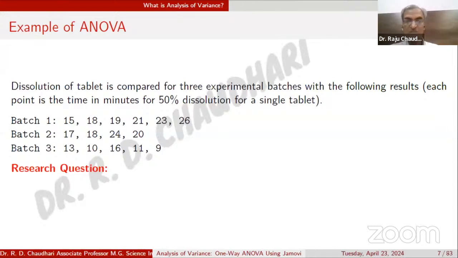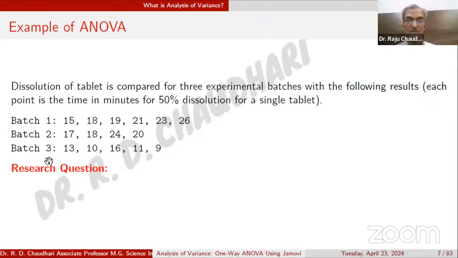Some number of tablets are taken from the first batch and their 50% dissolution time is recorded. Say, for example, the first tablet from the first batch requires 15 minutes to dissolve 50%. So this is the total data.